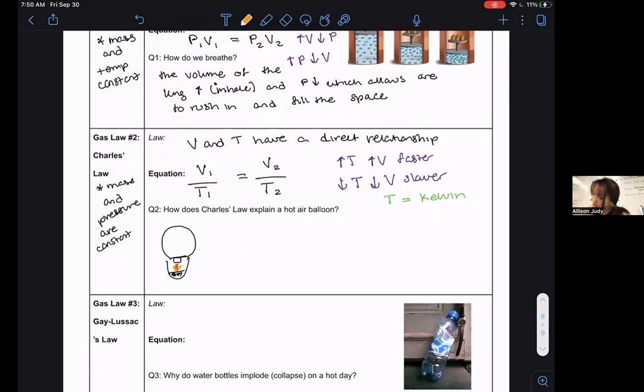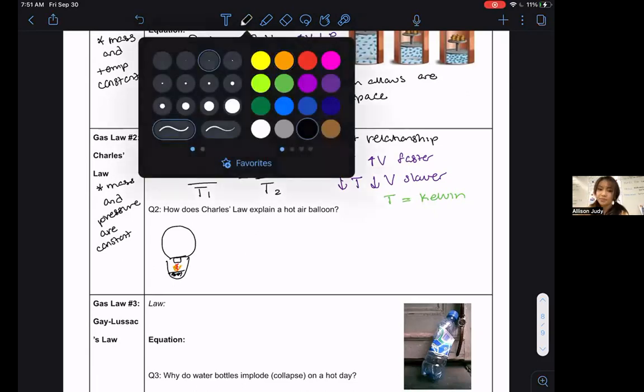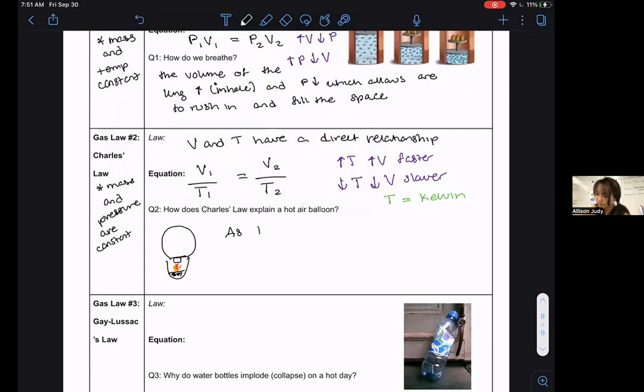As temperature increases due to the flame, the gas particles' kinetic energy also increases and begins to expand the balloon, which really means that volume increases.